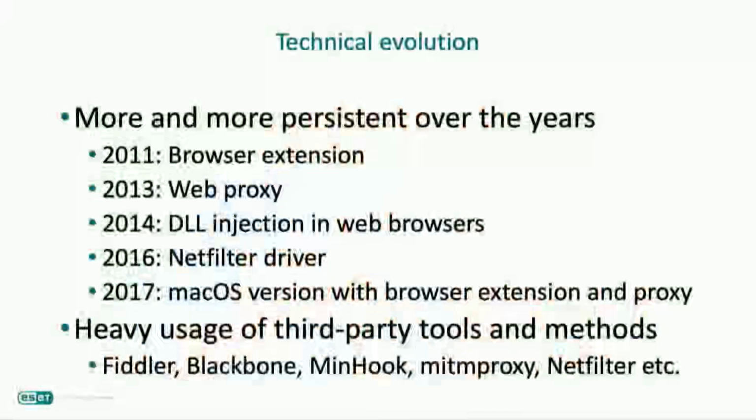Basically, the evolution of the techniques used showed that Wajam was more and more persistent over the years, and they mainly used third-party tools like Fiddler, Blackbone, Minhook, and MITM proxy, or even NetFilter. This is probably because of the security mechanisms added over the years to prevent the usage of these techniques that are typically used by malwares.